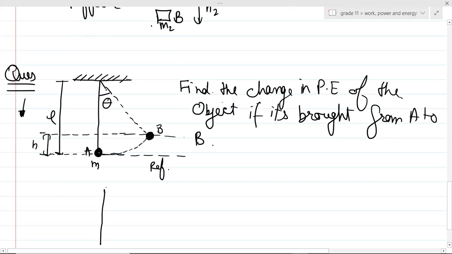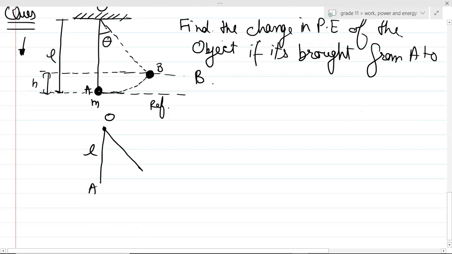This is the length L from O to A, then O to B, it will be a part of a circle, right? If I drop a perpendicular from B on this line OA, let's say at point M, so basically this is your h, this is theta, this is h.